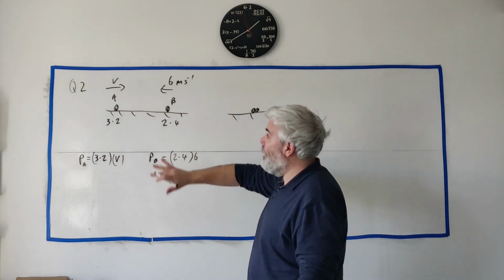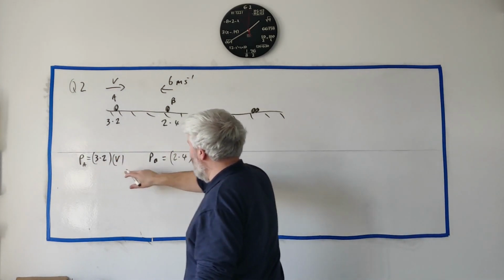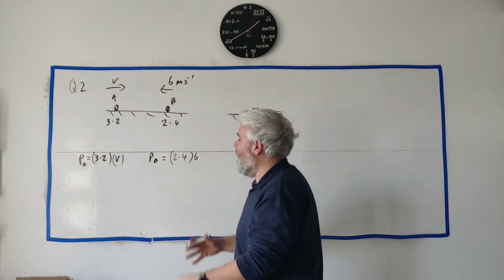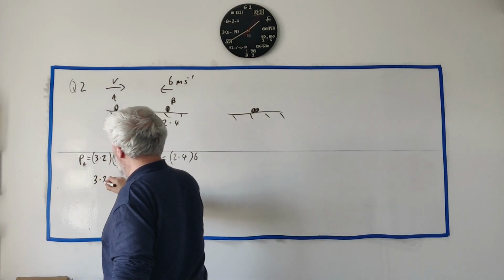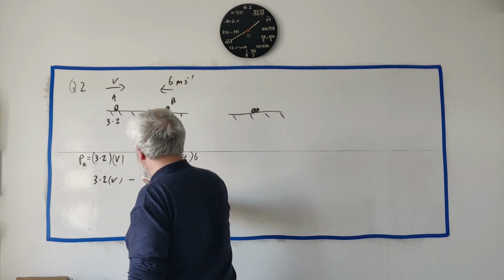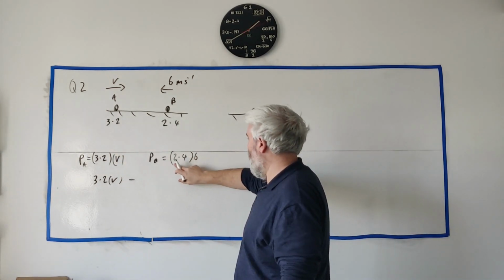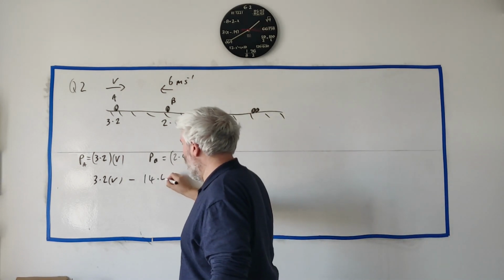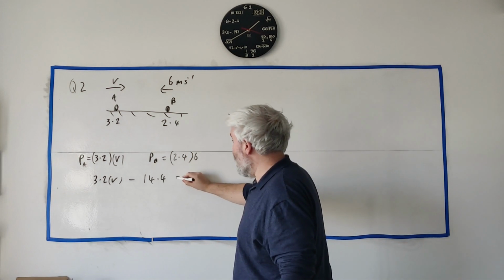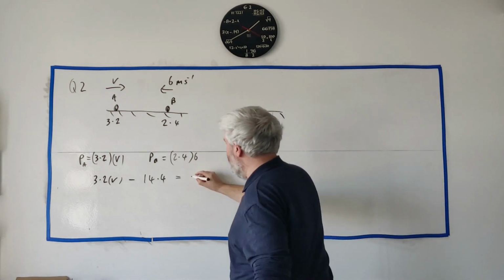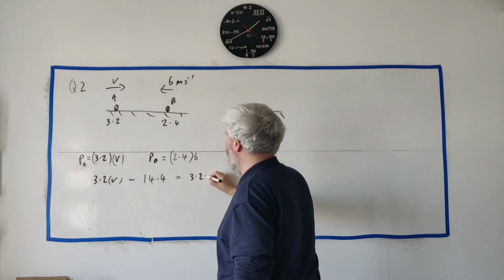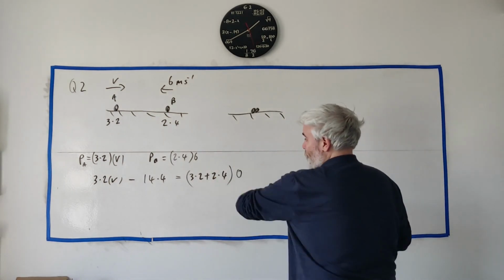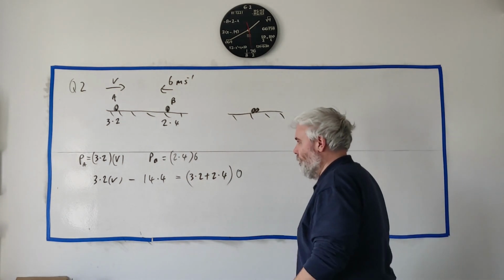If we then combine their momentums, this one is positive, this one is negative, or it doesn't matter which you turn negative, they're acting against each other. So we'd say 3.2V minus 12 plus 14.4. And that has to equal the momentum of both of them together. So the two masses, 3.2 plus 2.4, multiplied by the velocity, 0. You could just write 0 there, it's okay.